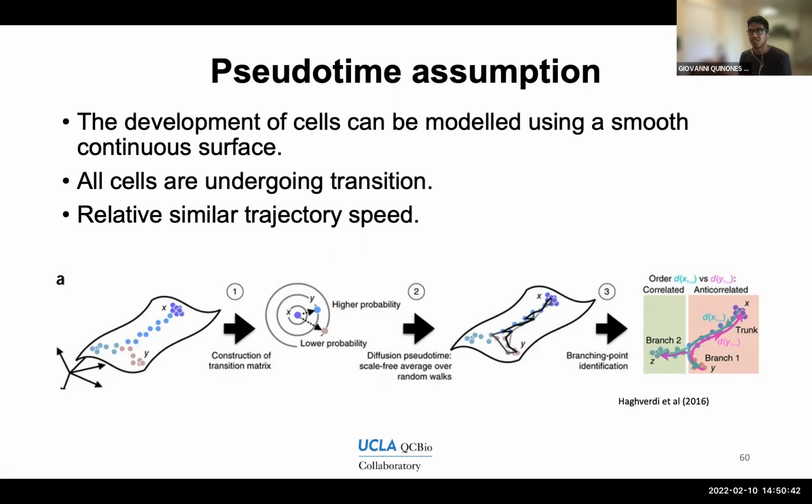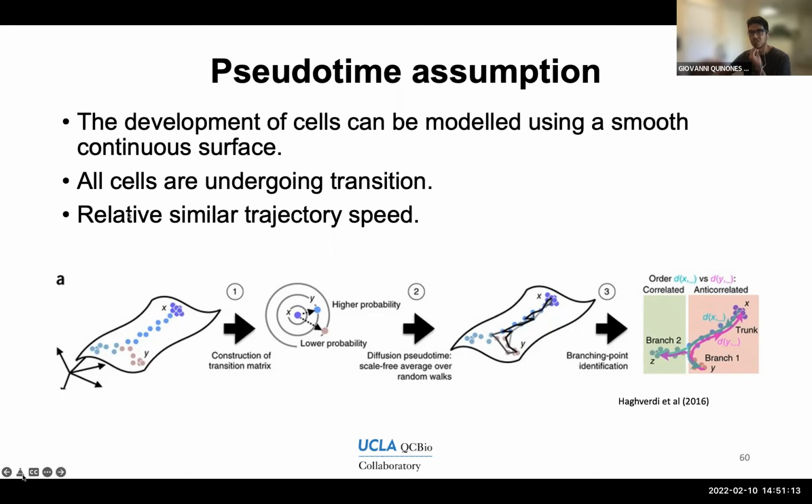However, in the sample that you're analyzing, maybe some of the cells are not part of that transition. Some of those cells may have nothing to do with that transition. That's actually a big issue when it comes to pseudo-time algorithms, and there is a lot of effort into trying to figure out proper ways to include relevant cells only.